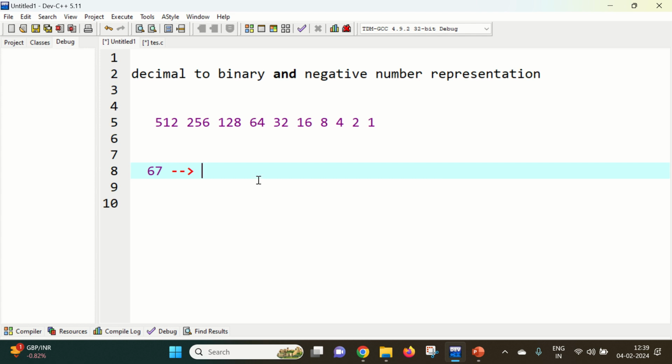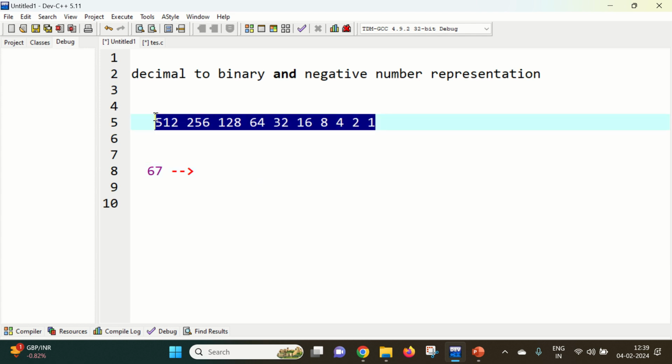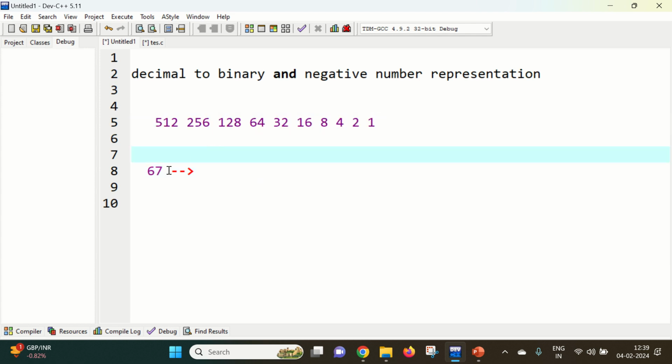It is a very easy method. First you must have this sequence. After that, you have to write 67 as a sum of only these numbers, but you have to start with the maximum number. You can see that 67 comes between 128 and 64, so first I am taking 64. So 67 equals 64 plus... if you add 32 to 64, it becomes more than 67.